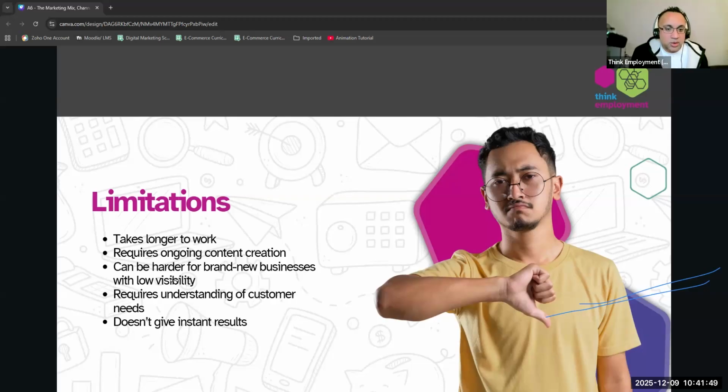It requires ongoing content creation, and that can be costly and time consuming. You have to have the right equipment and everything else. So it can be harder for brand new businesses because they may not know how to do things as well. They're learning at the same time as they're creating content and spending money, and it can be a struggle for them.